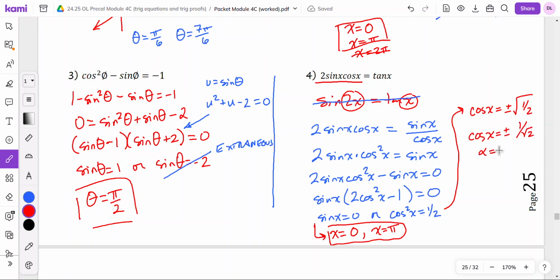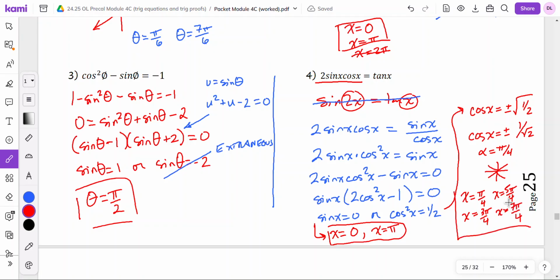I know that gives me a reference angle of pi over 4, and I'm going to have all 4 quadrants represented with that reference angle. And so x needs to be pi over 4, 3 pi over 4, 5 pi over 4, or 7 pi over 4.